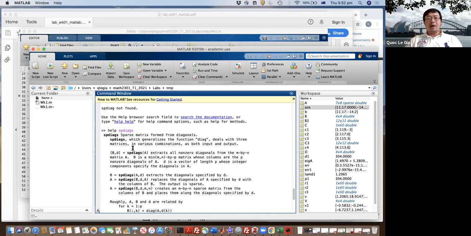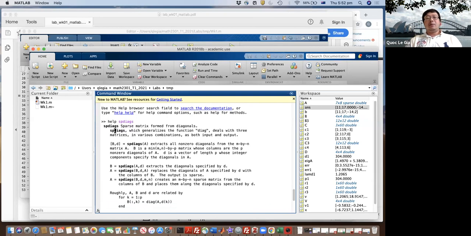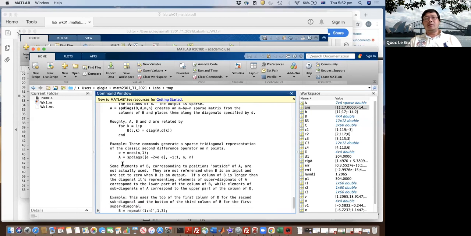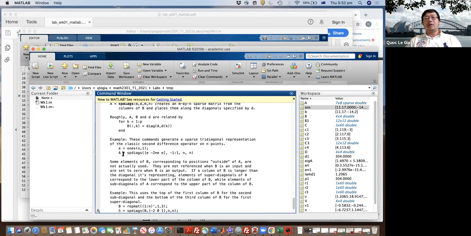You create sparse diagonals, and it gives you the matrix straight away. This is how it works.